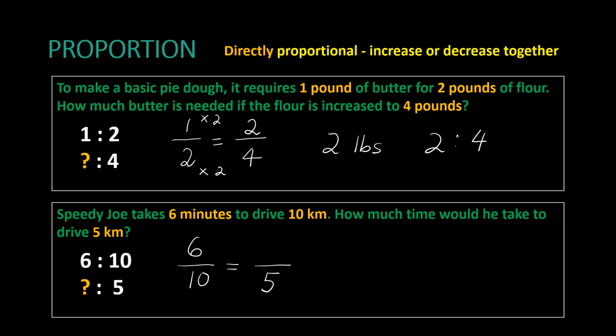Now, we do know that if he were to reduce the distance from 10 to 5, that is 10 divided by 2. So we do the same. 6 divided by 2, we get 3. So now we know he would take 3 minutes. And the ratio is now 3 to 5.